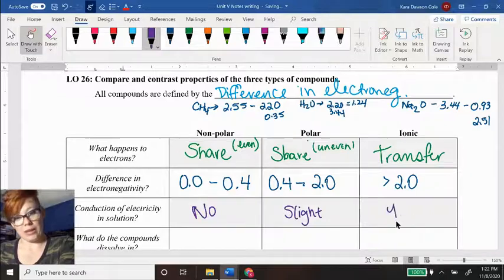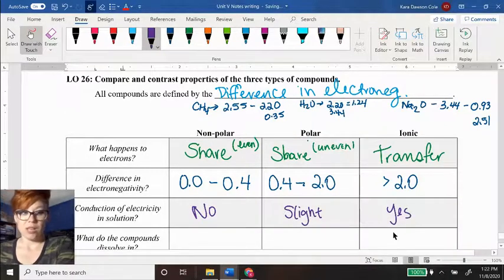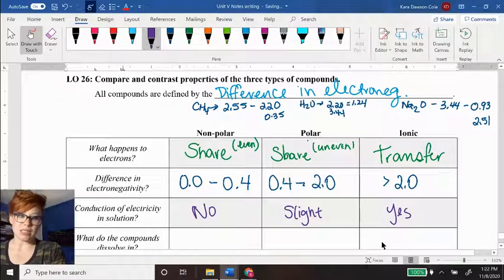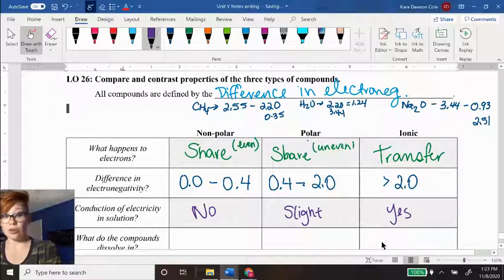Ionic will always conduct electricity. There are some exceptions. Like if you've got an ionic compound that does not dissolve, no, it is not going to conduct electricity in the solution. It really depends on, does it dissolve or does it not dissolve?